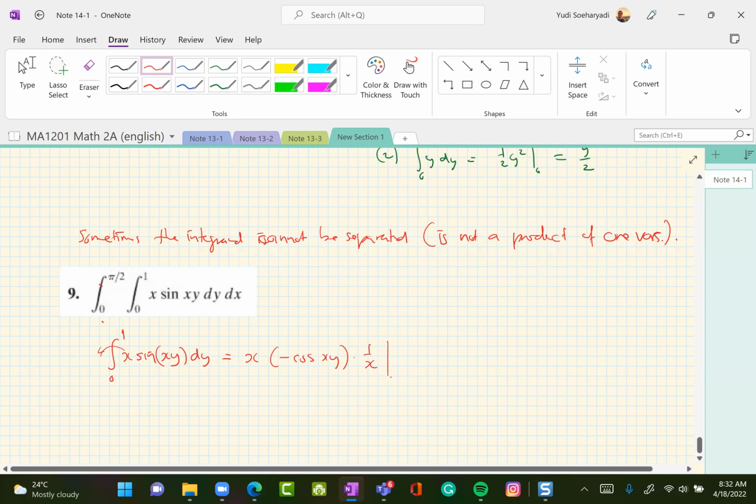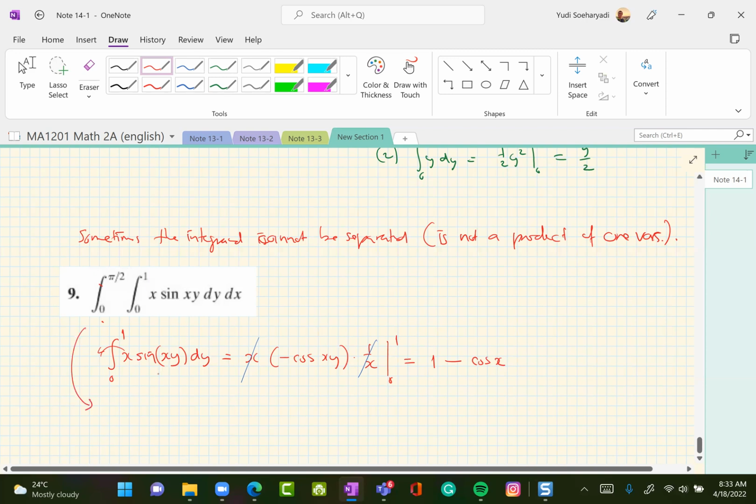Okay. All right, the x cancels first. So we have this. Plug in 0 first: cosine 0 is 1. Plug in 1, cosine x.